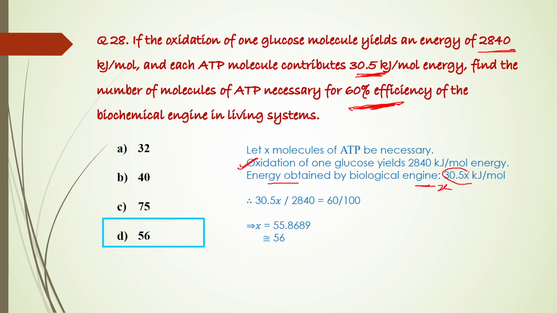So we have 30.5 times X divided by 2840, the overall glucose energy that we are getting, equal to 60% efficiency, that is 60 by 100. If you solve this you will get the value of X as 56. So the number of ATP molecules required for 60% efficiency is 56. That was how it should have been solved.